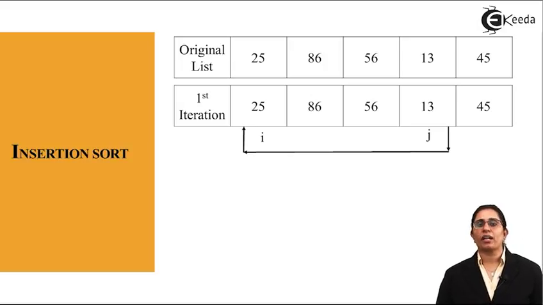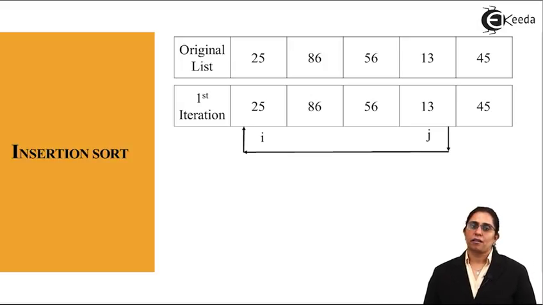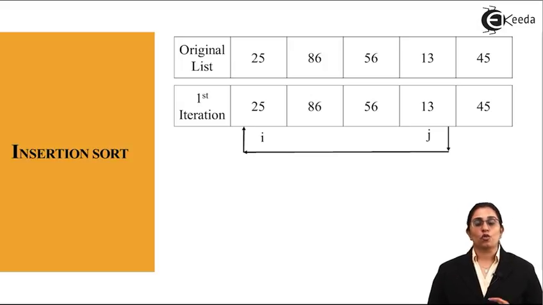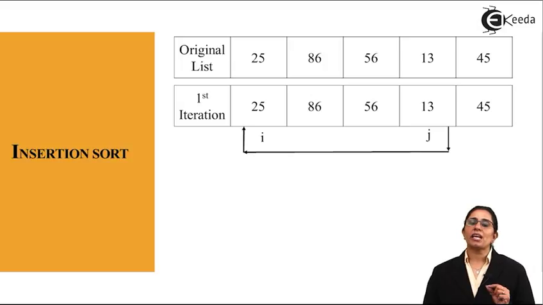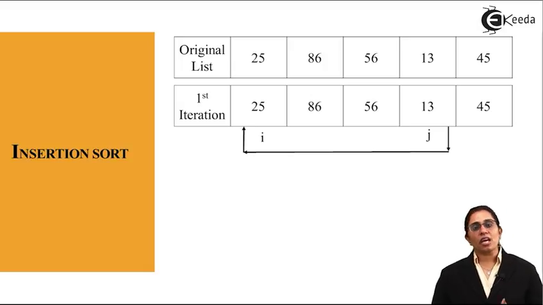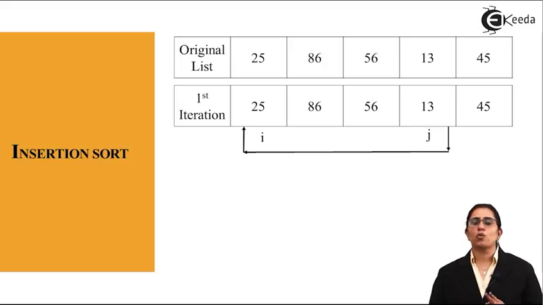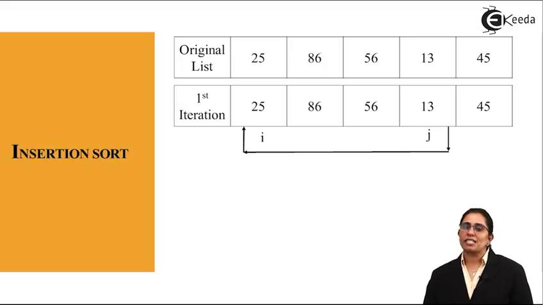The first step that I do is I compare 25 with 86. Is 25 greater than 86? The answer is no. So there will not be any insertion sorting method or technique applied over here. So my j gets incremented by 1. My j reaches the location of 56. Now again 25 is compared with 56.